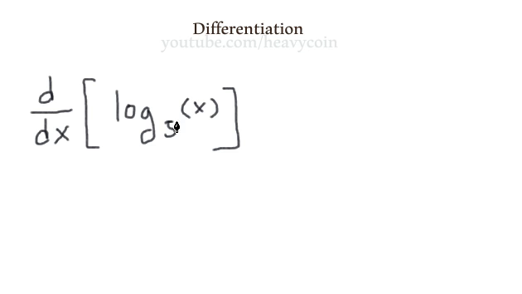This time the base is 5. But that's okay. We take the derivative of x, which is 1, and we rewrite what's in parentheses, and this time we say the natural log of 5. So whatever the base is right here, we just write the natural log of it right here. Okay, so that's the derivative.